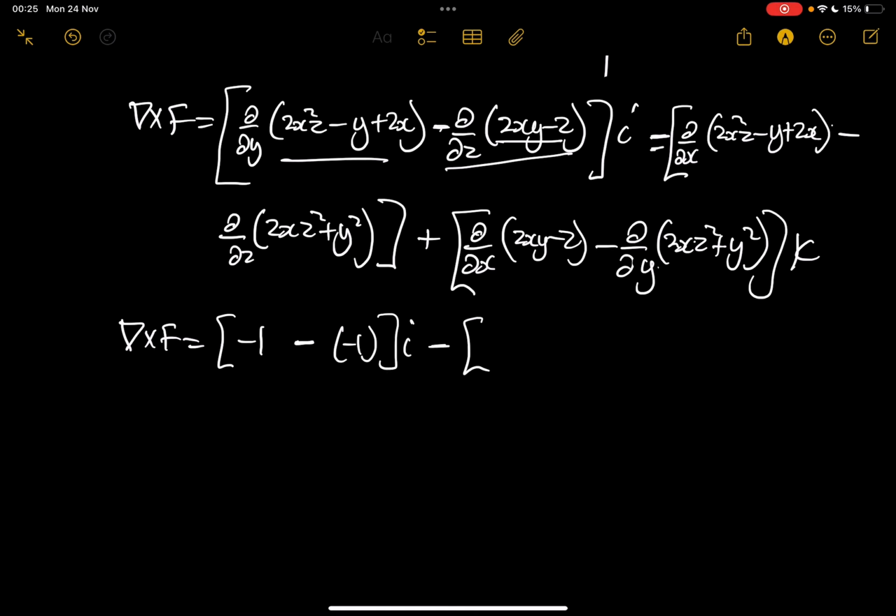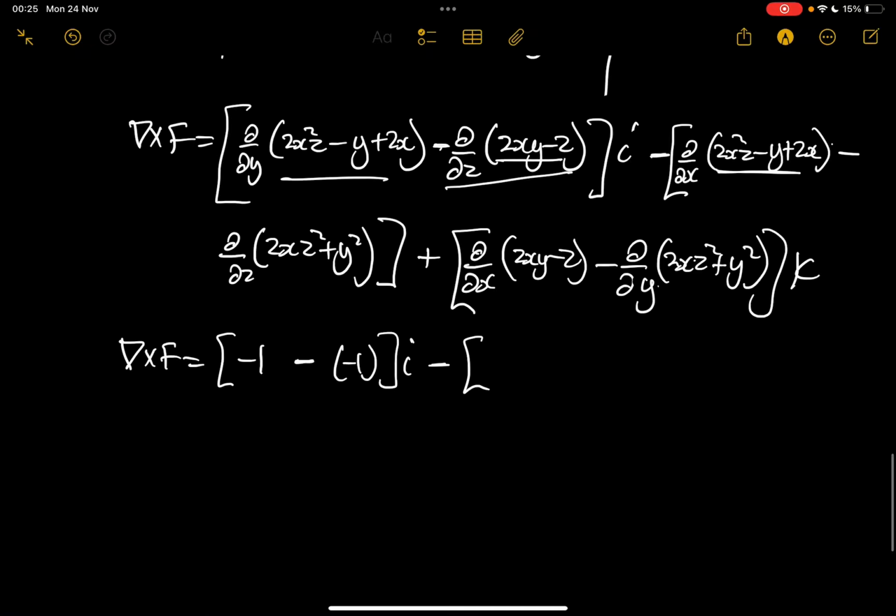Then minus, now we're differentiating this with respect to x, where z and y are constant. Differentiating that with respect to x, we are going to get 4xz, minus 4. Let me double check.